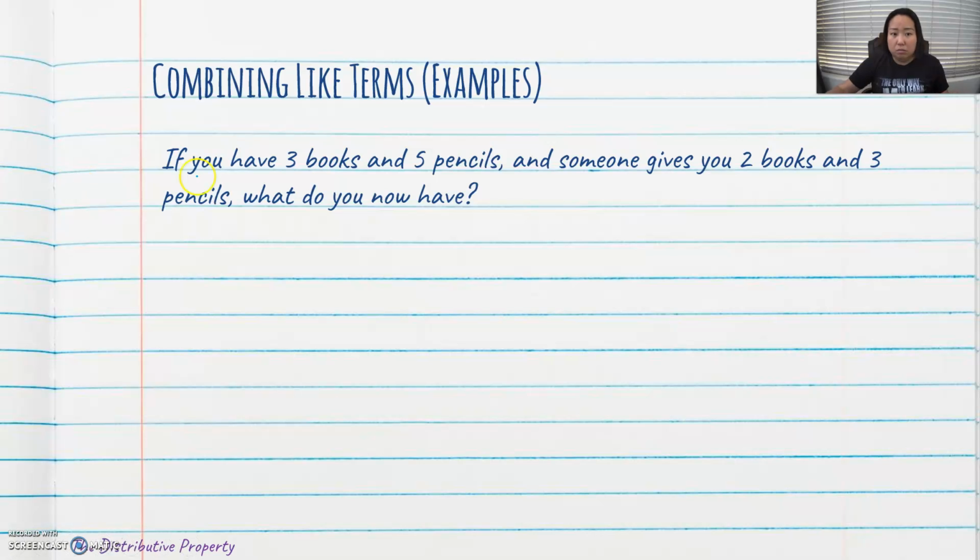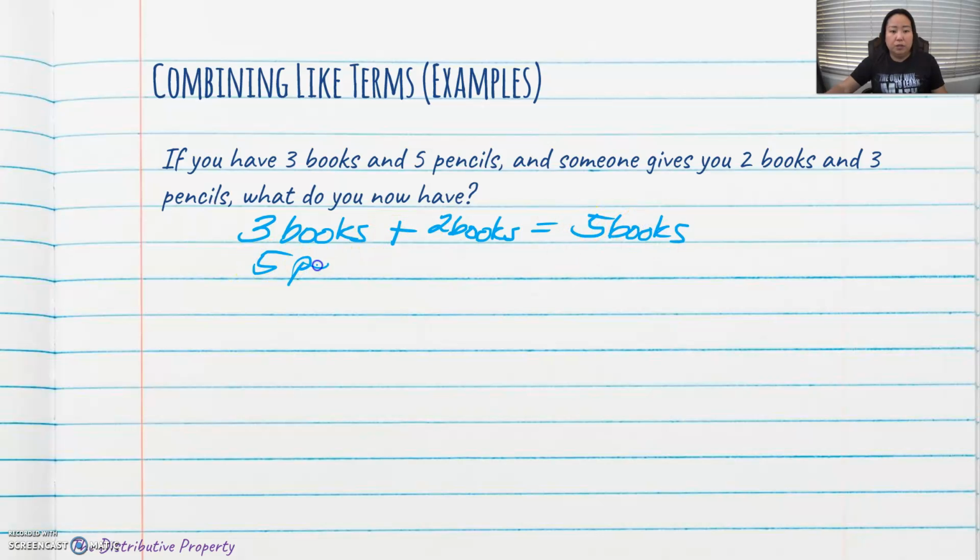You can say that you have a total of 13 items, but when you are asked how many books and how many pencils you have, you have to combine the 3 books plus the additional 2 books. So you now have a total of 5 books. As for your pencils, you originally had 5 pencils and got 3 additional pencils, so you have a total of 8 pencils.